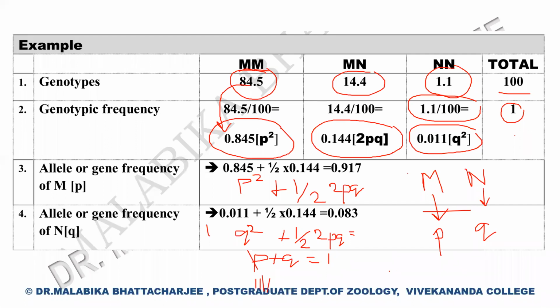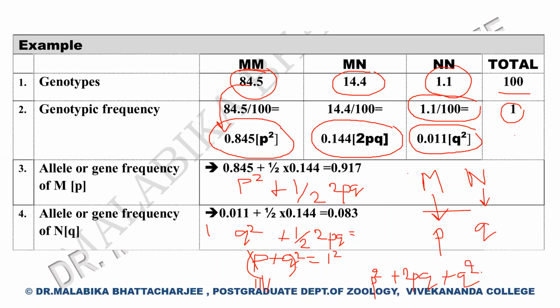If you square both sides, the formula now becomes p square plus 2pq plus q square is equal to 1.